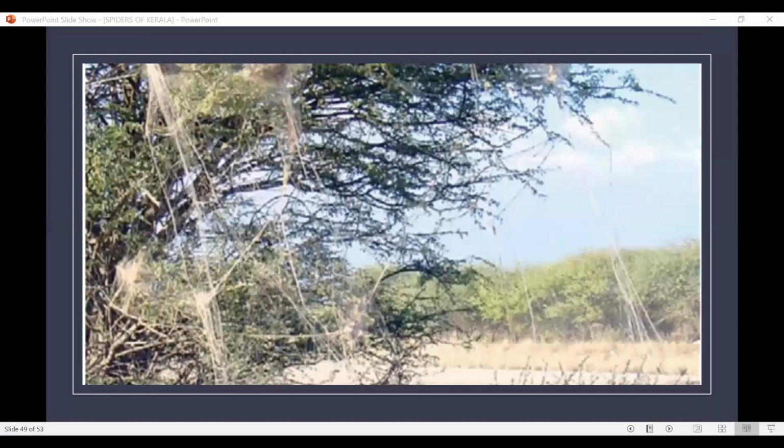To make a larger web, they need the participation of several individuals. That is the evolutionary advantage. That is why this social nature is present in around 23 species of spiders, scattered in 11 genera and found in 8 families.